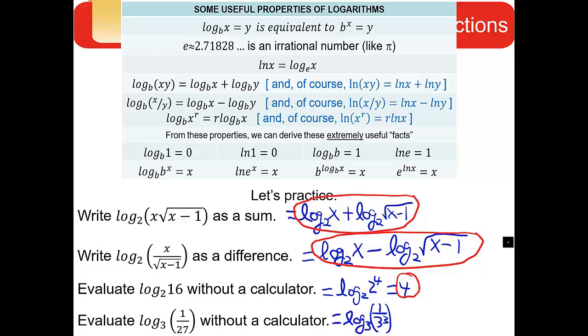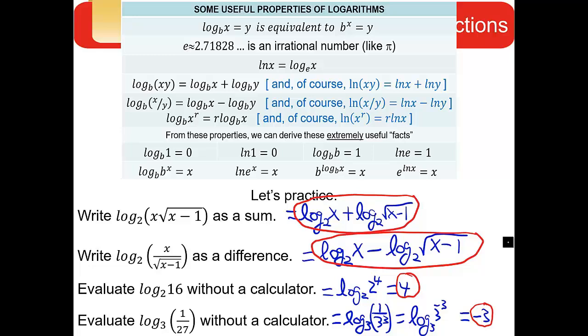So what if I wrote that as the log of 1 over 3 cubed base 3, and then change that 3 to the third to 3 to the minus 3 by pushing it up to the numerator, and that would change this whole thing into the logarithm of 3 to the negative 3 base 3, and now the bases match up, and you get the exponent for the answer, so the answer will be negative 3.